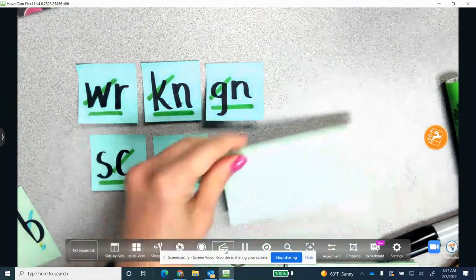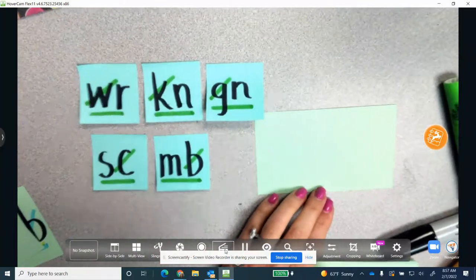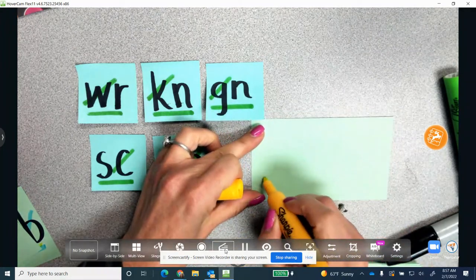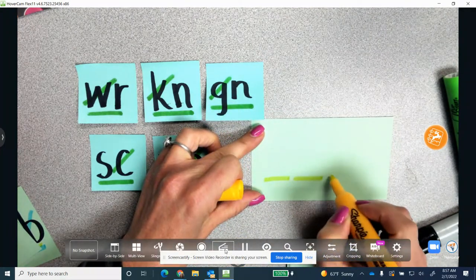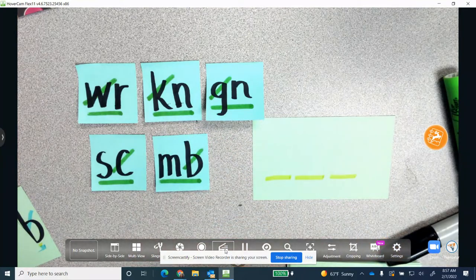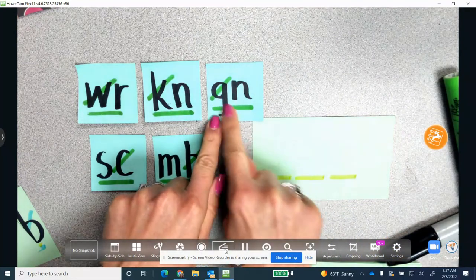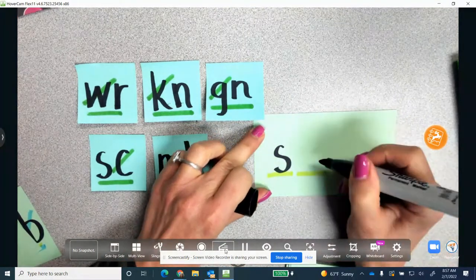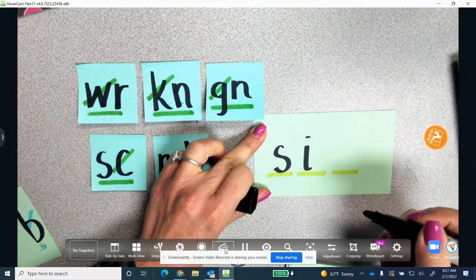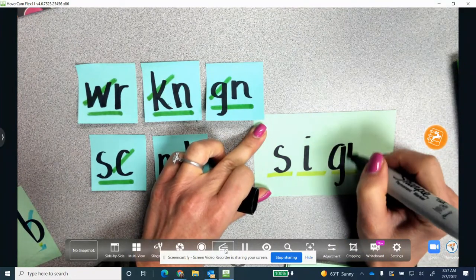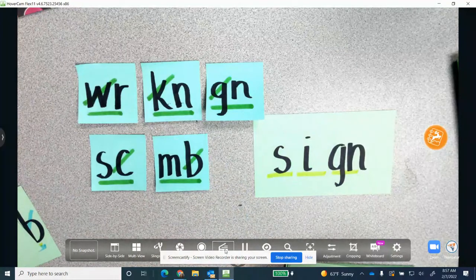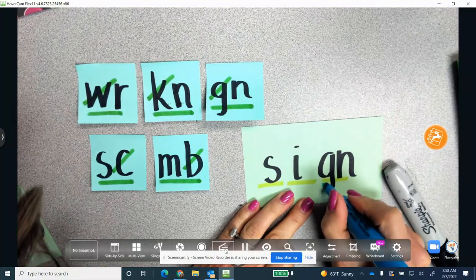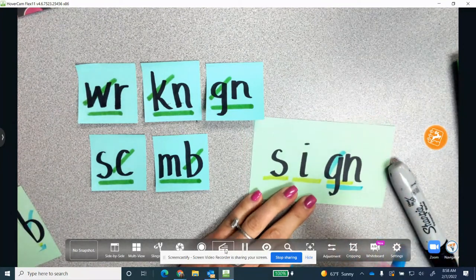Okay, the next word is sign. What does that street sign say? Sign. Okay, we are using this pattern here. Okay, so something a little tricky here. Well, we know that this digraph, the G is silent, right?